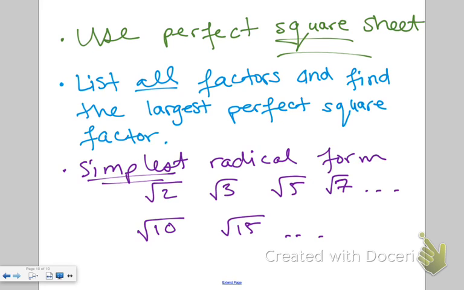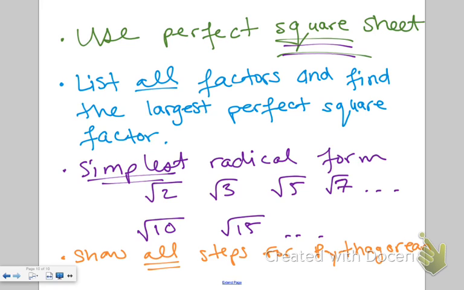So reference your square root sheet if you are not sure what the factors of 10 and 15 would be, for example. You can use your calculator to divide them out into 10 and see if any of them would nicely divide that number and give you another whole number.